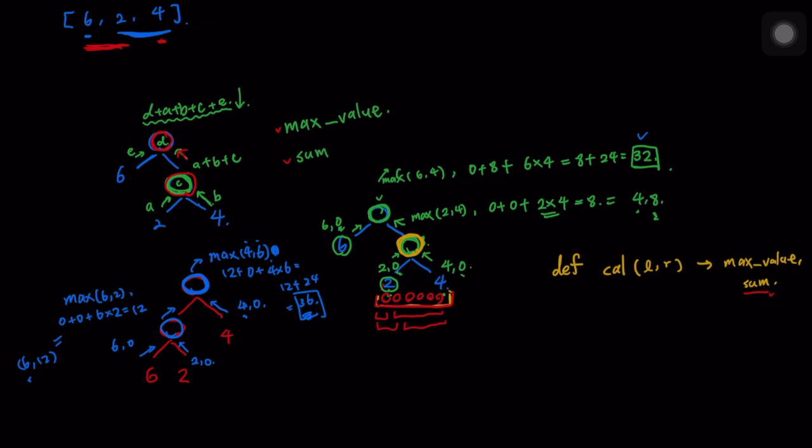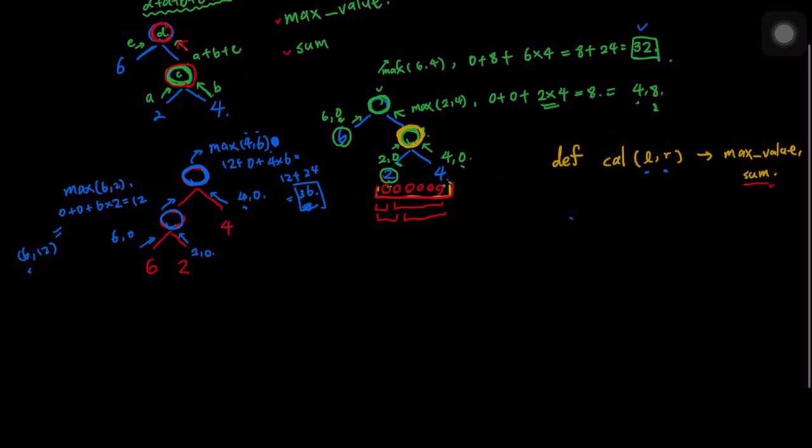But in order to make our code run more efficiently, we would like to have a cache to cache the left and right range. So we'll have a cache, the key of the cache is the left and right, and the value is the maximum value and sum.